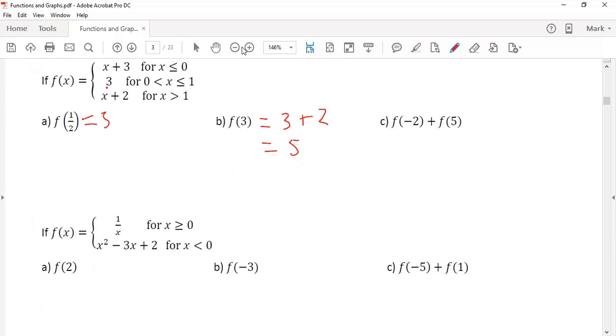Alright, so now the last one, we have to do it twice pretty much. First for the region -2, that's less than 0, so we're going to follow the rule x plus 3, so it'll be -2 plus 3, and now plus when x equals 5, so that's this rule here, the last one, so it's plus 5 plus 2.